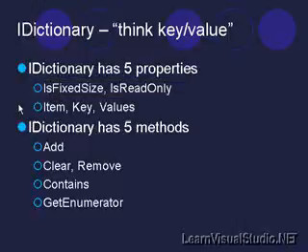Let's take a look at the Hashtable first, because it's probably the most popular and has the most functionality of any of the IDictionary implementing collections. The Hashtable uses a hash table algorithm to store the values internally. What that means is that there are a number of buckets that are set up.